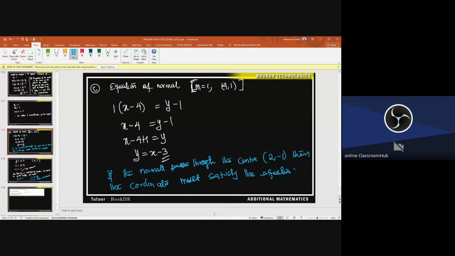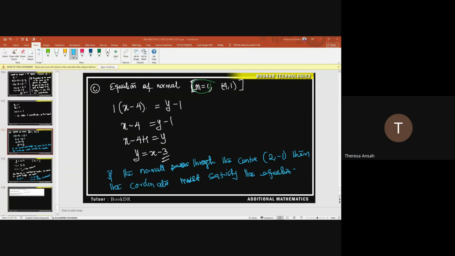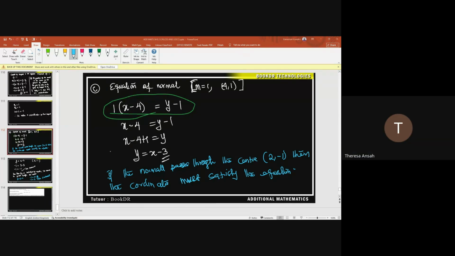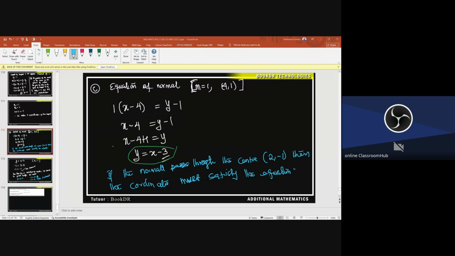And the gradient is 1. I've written that in the bracket over there. And the normal passes through the point (4, 1). So we substitute this into the equation of a line formula. Then this is the equation we obtain.